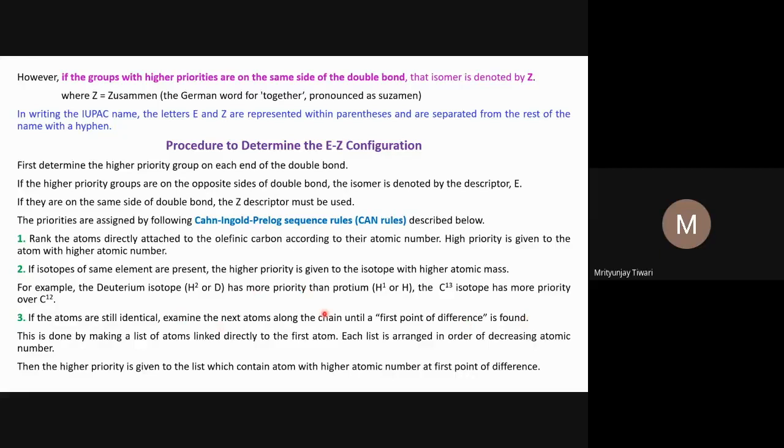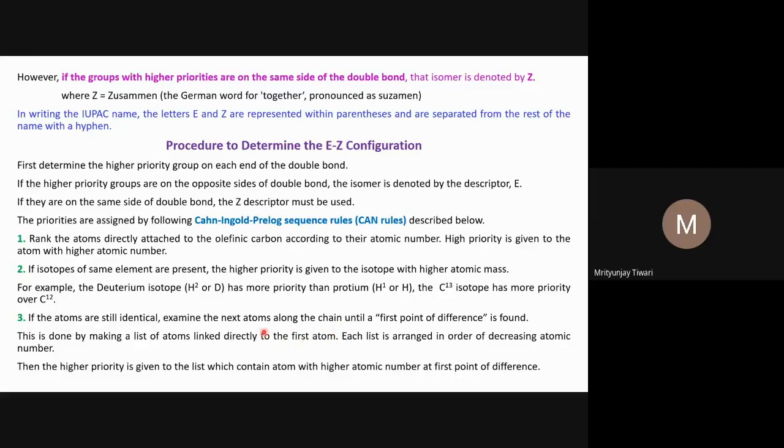You keep doing this until you see a first point of difference. As soon as you get a first point of difference, you stop there and give the priority to the different groups. This is done by making a list of the atoms linked directly to the first atom.